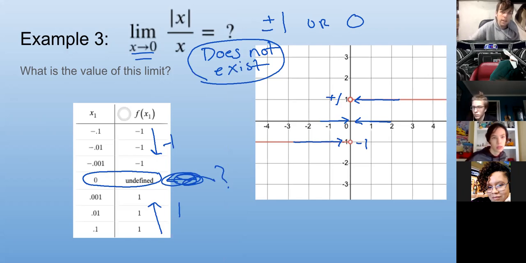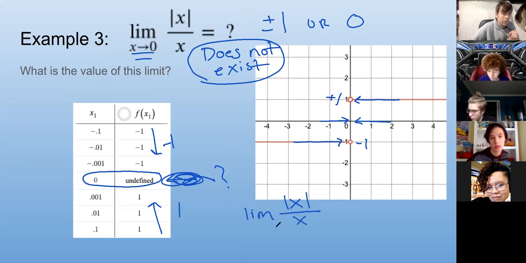Another thing here that I'll get into, we can talk about the limit on the left side and the limit on the right side independently. So we could say that the limit of the absolute value of x over x, as x approaches 0 on the negative side, that does exist because we're only looking at it on the negative side. So from the left, it is -1.